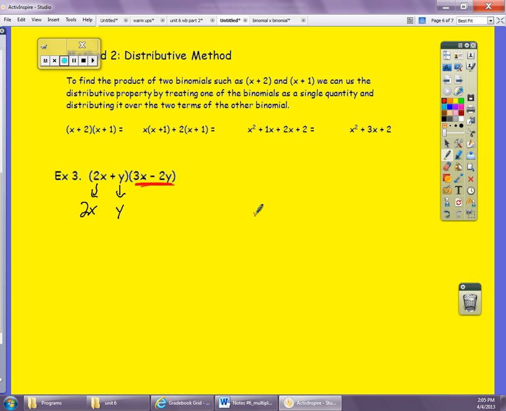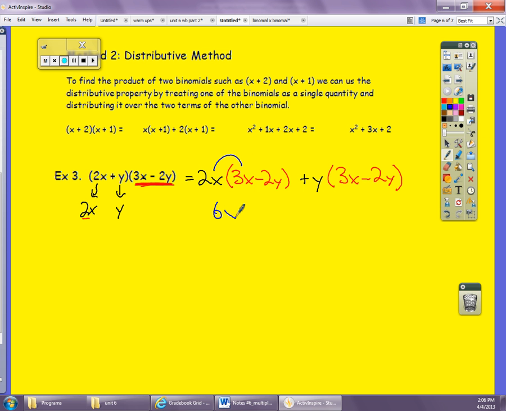So we take this 2x first, so I'm going to write equals 2x, and then take this second binomial and put it in here, so I can distribute that 2x to this entire thing. And then I have y, so it's a positive y, and then I have my 3x minus 2y. And now we just distribute.